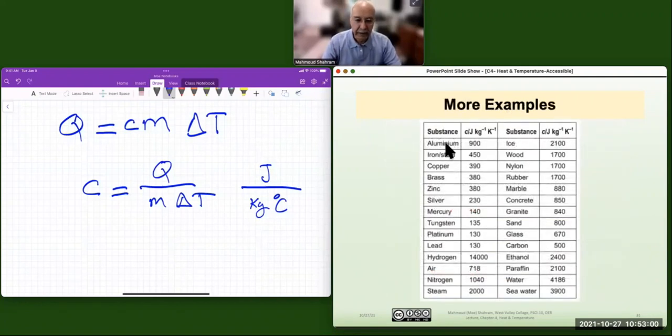There's a lot more. Notice that ice has lower specific heat, 2100, as compared to water, 4186. And seawater is less because it has impurities. This is for pure water. Some of the smaller specific heats are lead, platinum, tungsten, easy to heat.